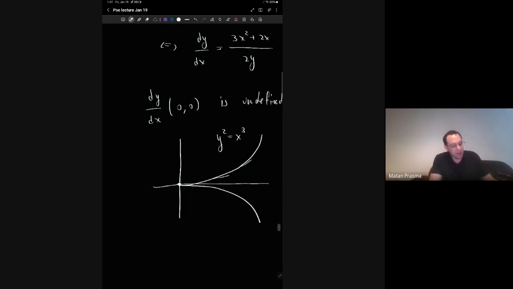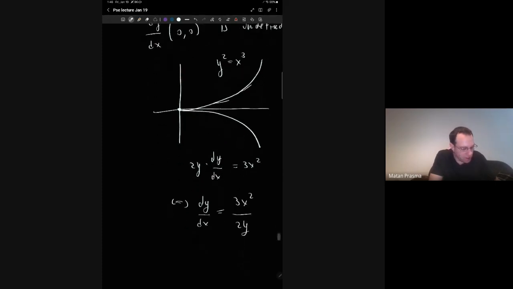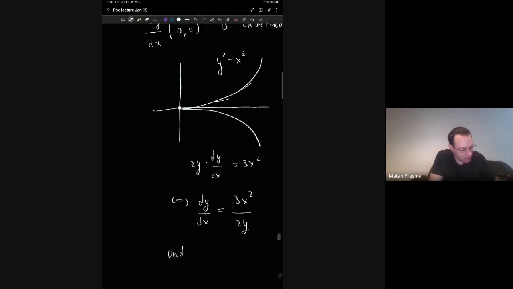But when I examine it according to our definition, I do 2y times dy to dx equals 3x squared. It means that dy to dx is 3x squared divided by 2y, and that's undefined at 0, 0.